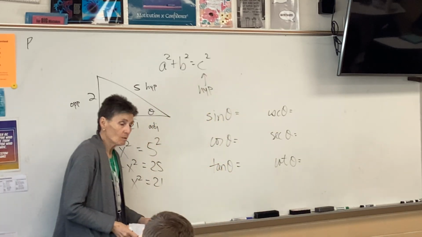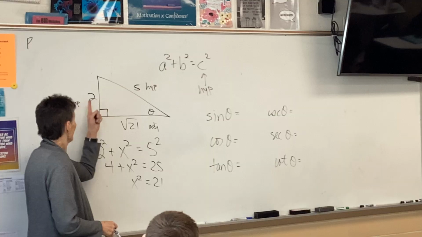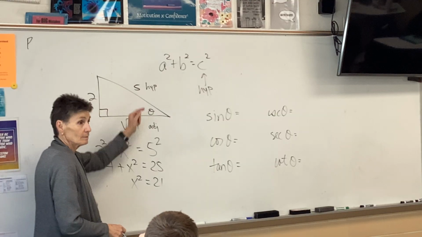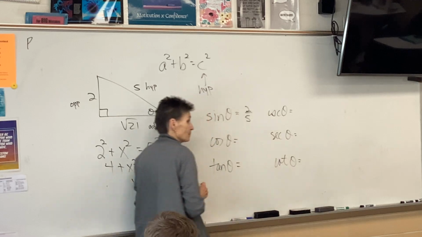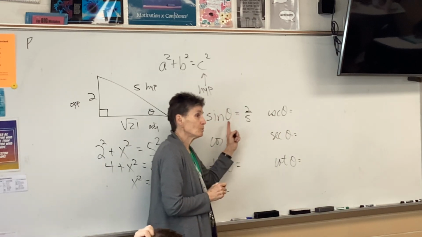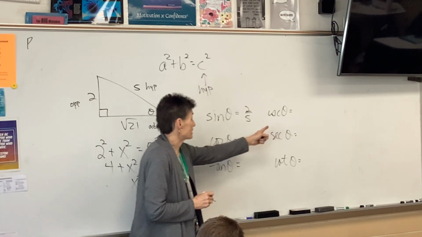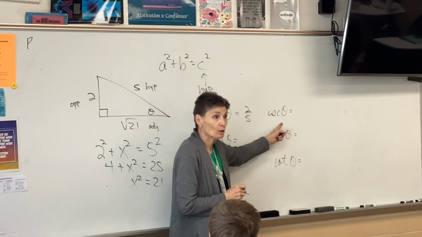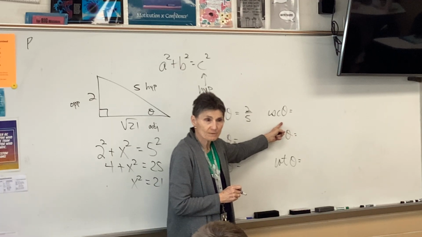Okay, so here we go. Sine is opposite over hypotenuse, so 2/5. Now I matched these up for you because we're just learning all this. The cosecant is the reciprocal of the sine.